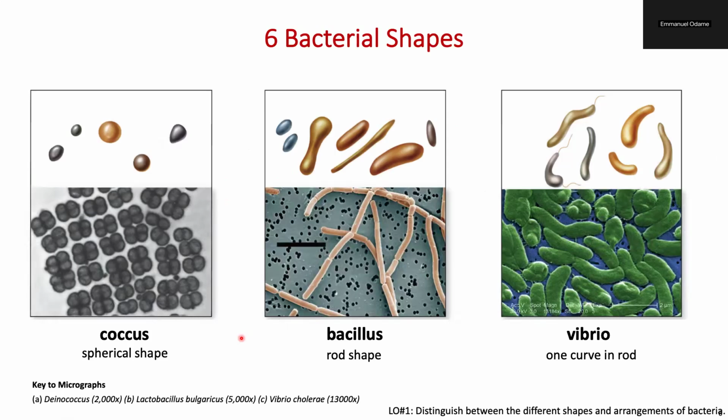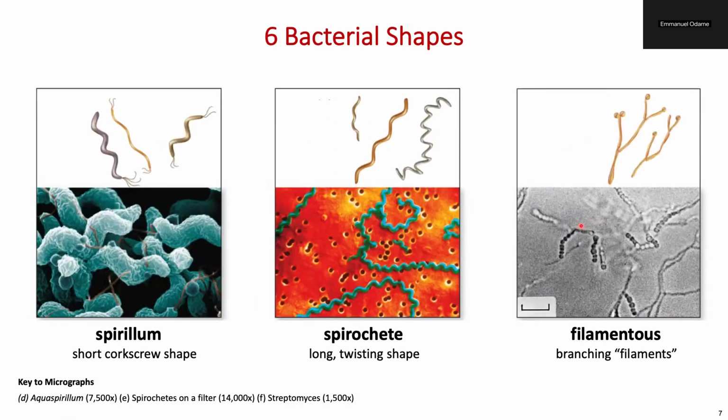Then we are going to talk about the shapes of bacteria. They come in six different shapes. We have the coccus, which is spherical, and the bacillus, which is rod shaped. Then we have the vibrio, which is a rod with one edge curved.